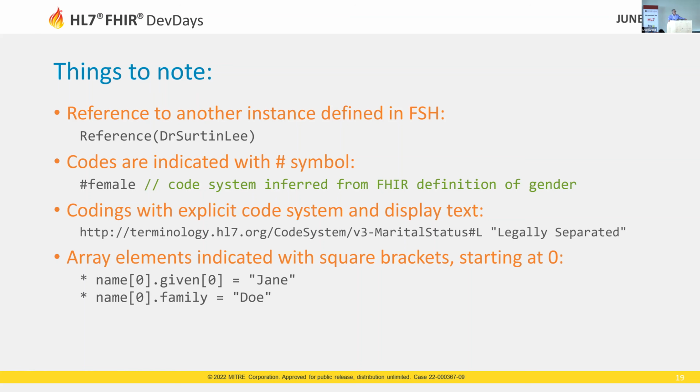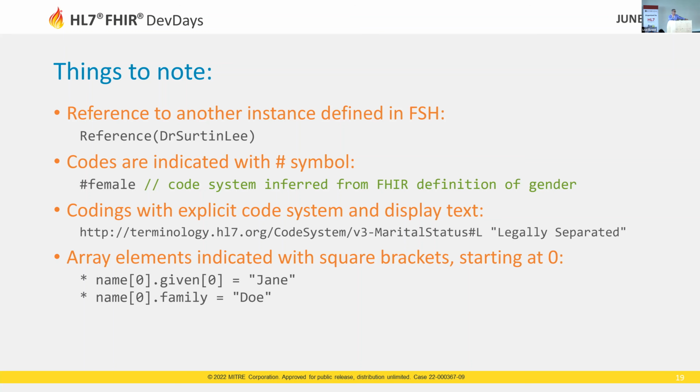And we also had in this example an array. Name is 0 star, so it's an array. And even within name, there's given names, which are 0 star, and that's also an array. So to populate specific array elements, you can use the square brackets. They start at 0 and go from there. So name bracket 0 dot given bracket 0.